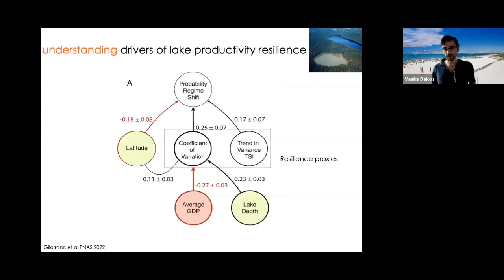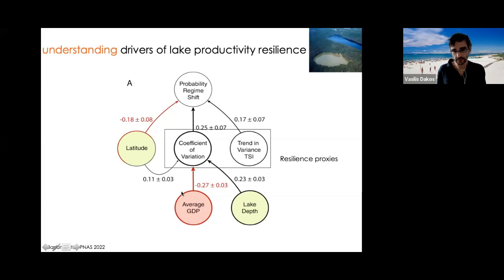So we tried partially to do that in this example by building a model where we try to see what would affect the probability of a regime shift based on some characteristics of the lake. We had a lot of climatic, environmental, and lake properties.